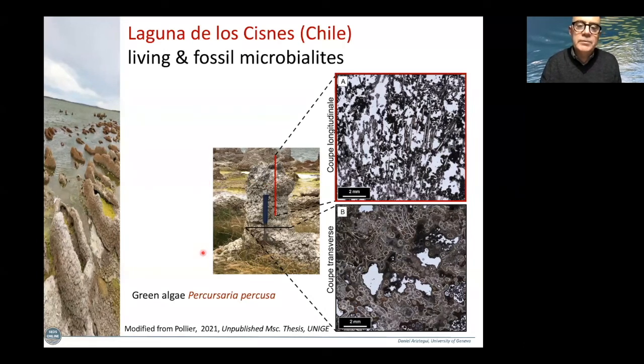Clément identified that they correspond to a green algae called Percursaria percussa, which is building this kind of structure. But there are not only these; there are also a lot of microbes involved in all that. Let's have a detailed look at a piece of this tube.